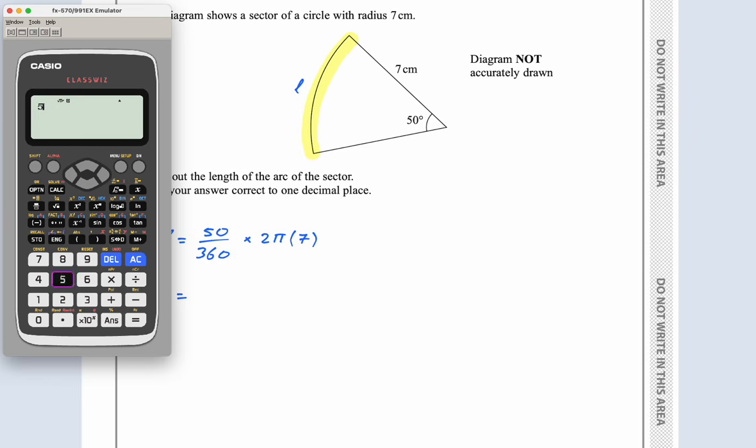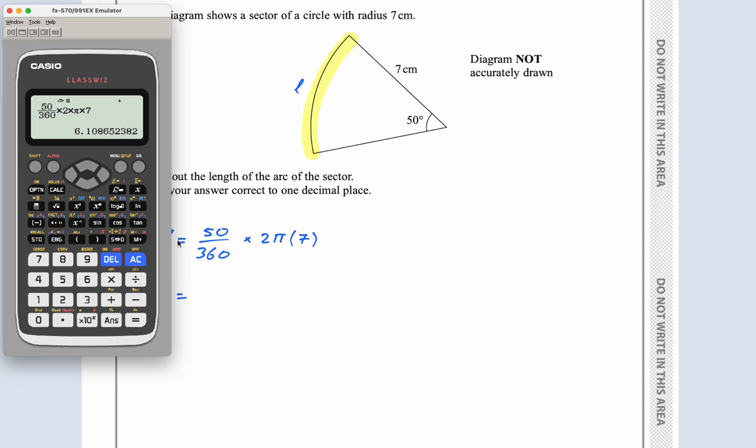Okay, we'll do 50 over 360 times 2 times pi times 7. And we get this, but he wants one decimal place, so it's 6.1.